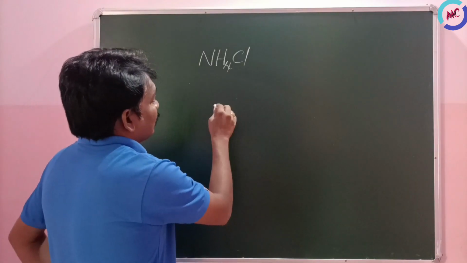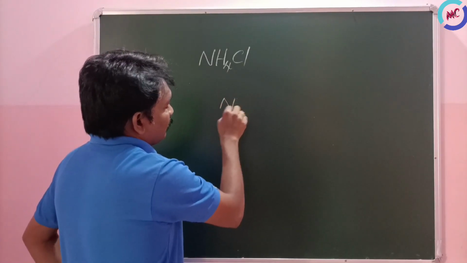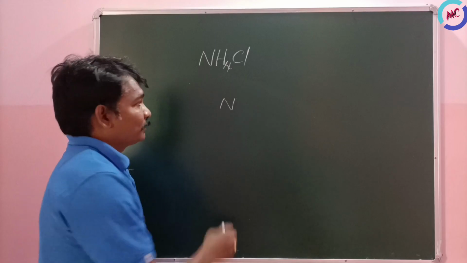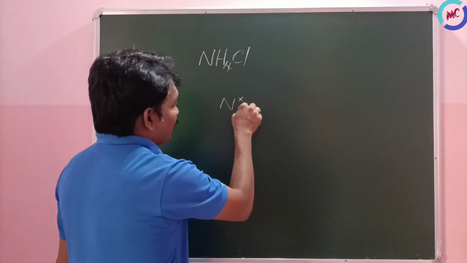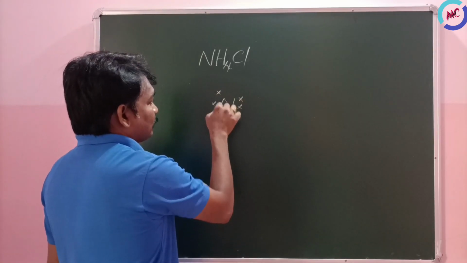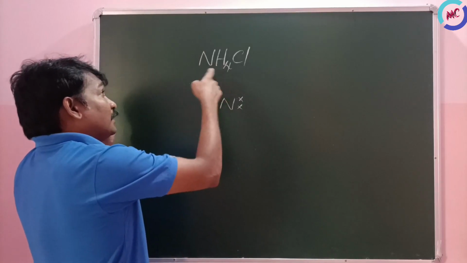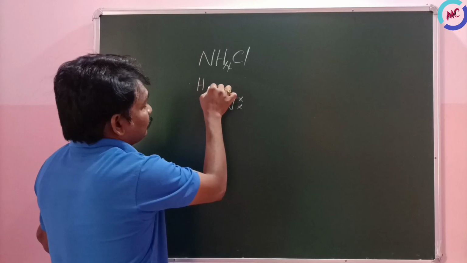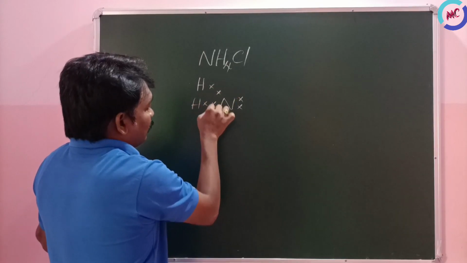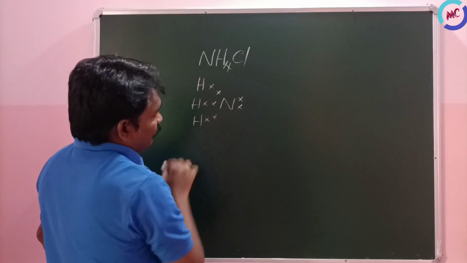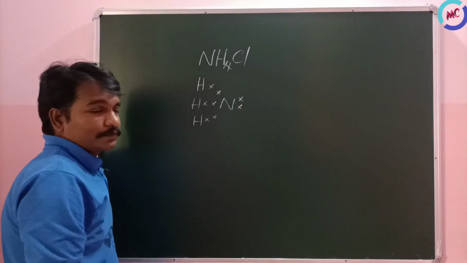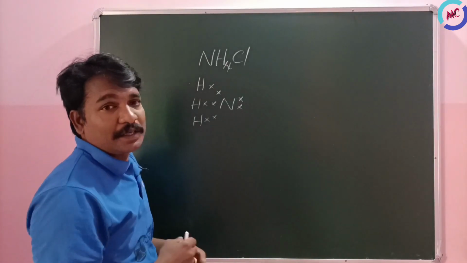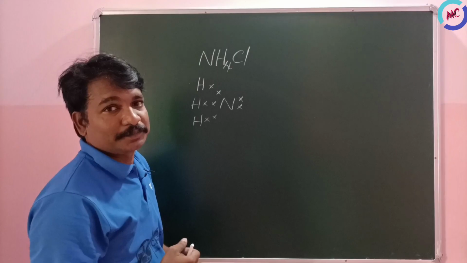Now see here, nitrogen has 5 valence electrons. Here 3 hydrogens they develop covalent bond. Then as a result we will get ammonia molecule NH3.